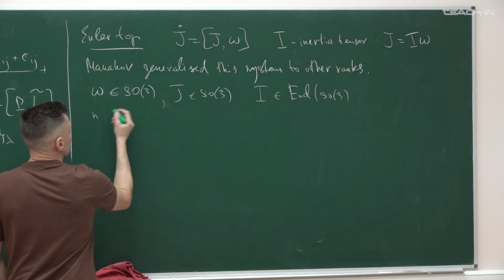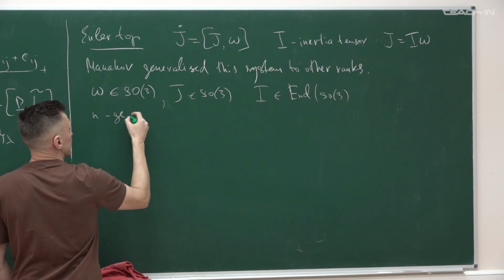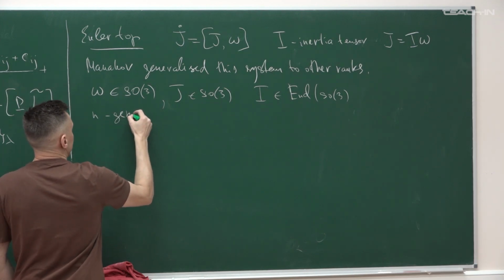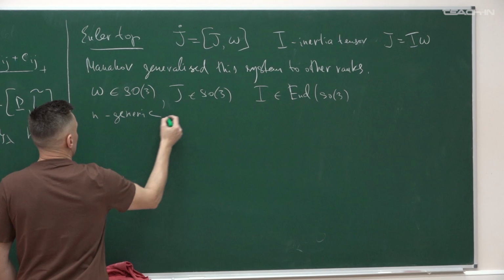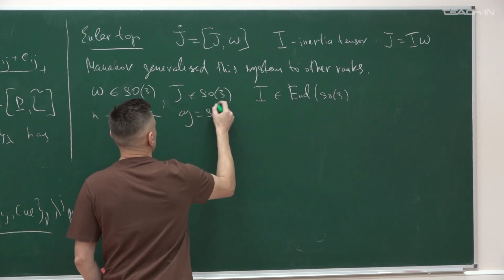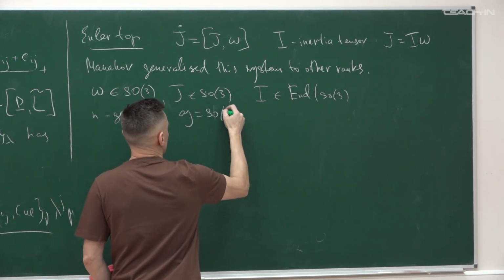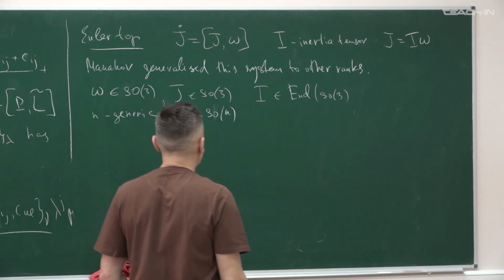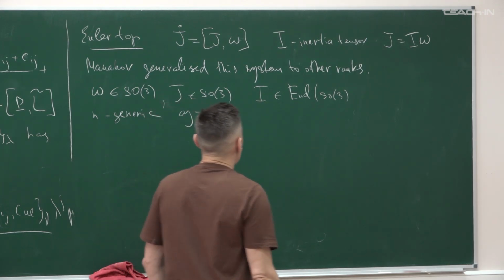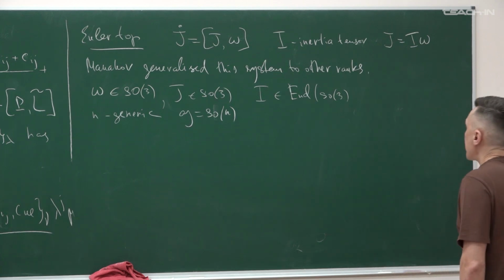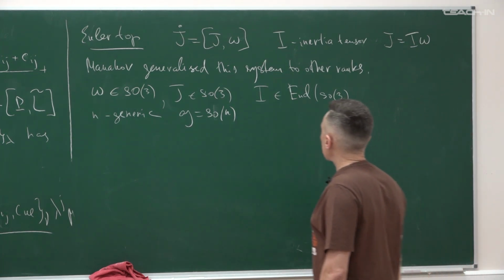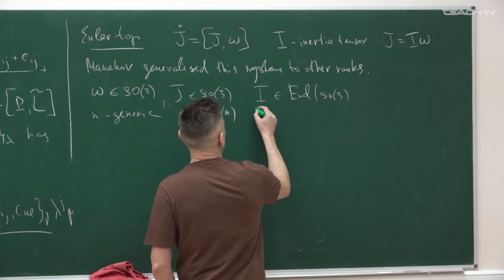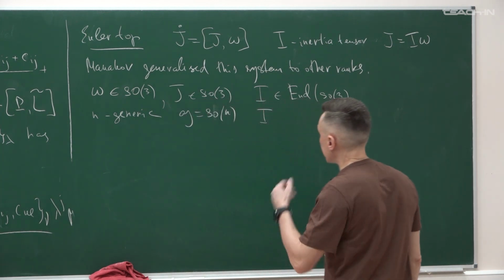So now we consider the rank generic. G is SON. So he considered I of the special kind.